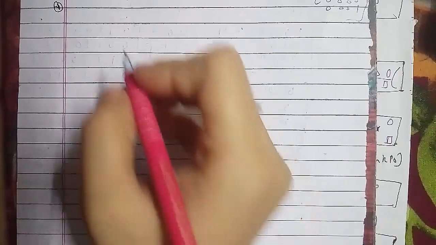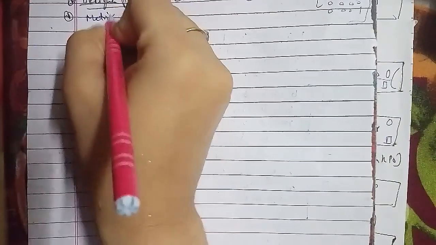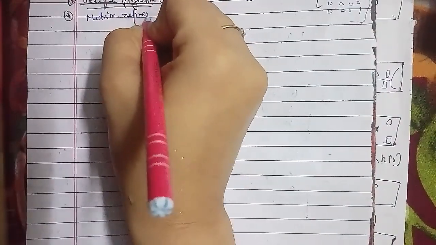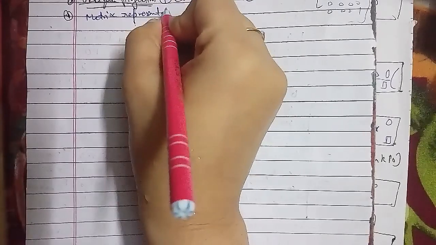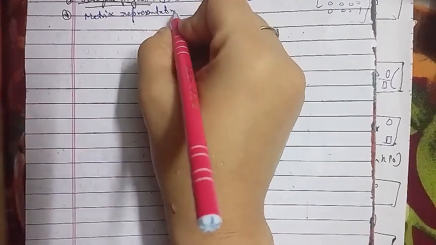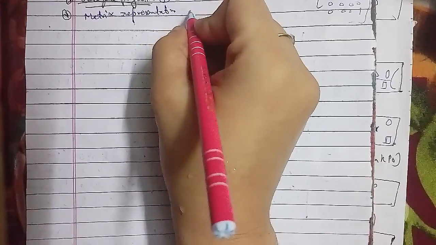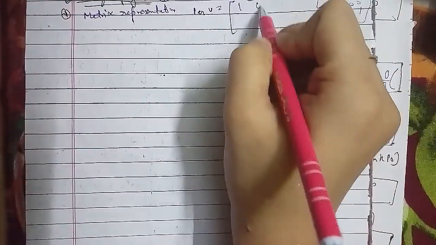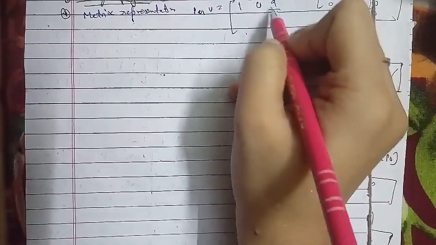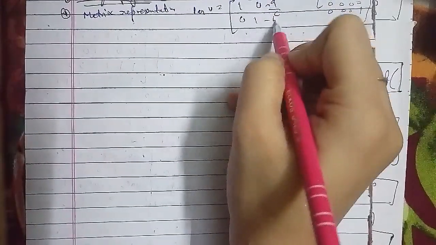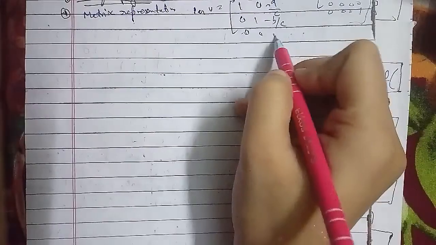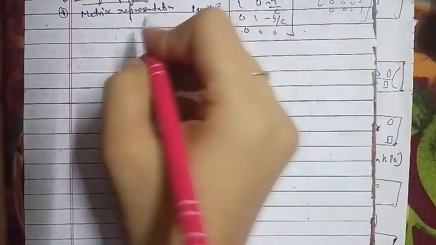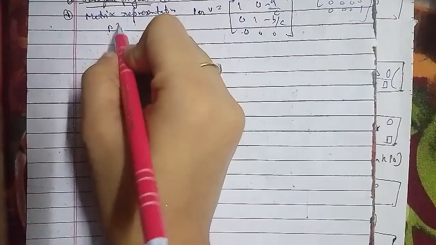In the matrix representation we have 1 0 minus a by c, 0 1 minus b by c, and 0 0 0. So we can say that P dash equals Par V dot P.